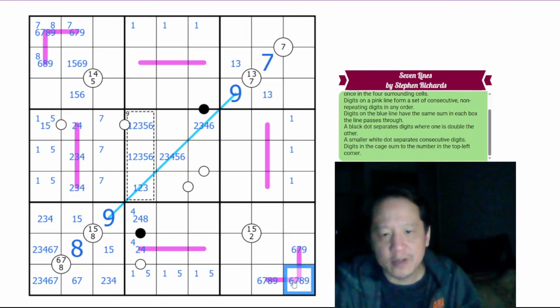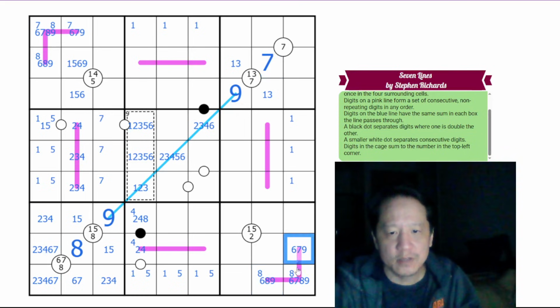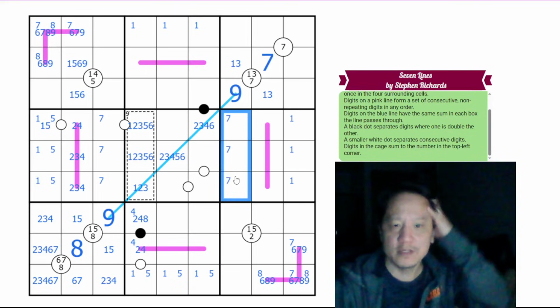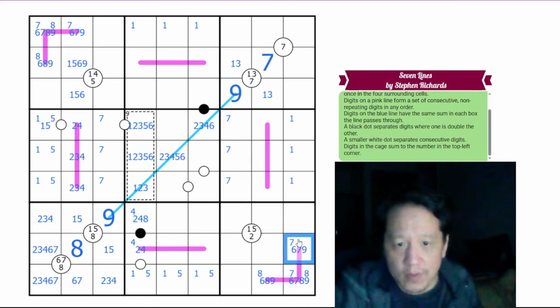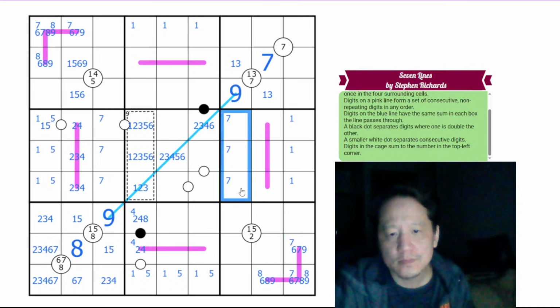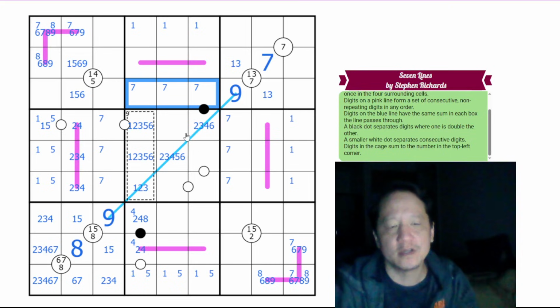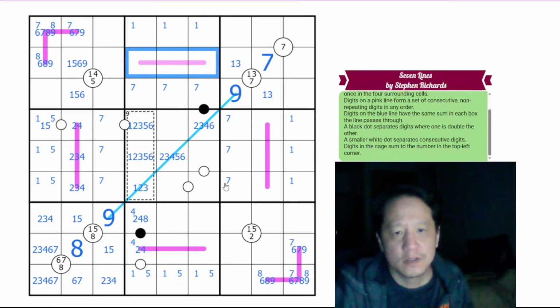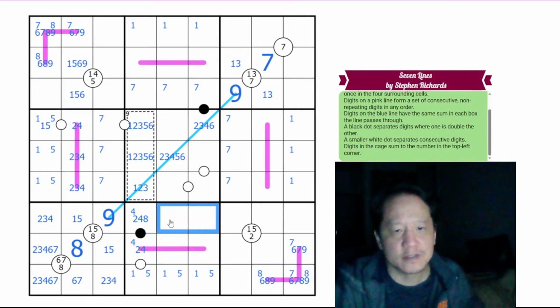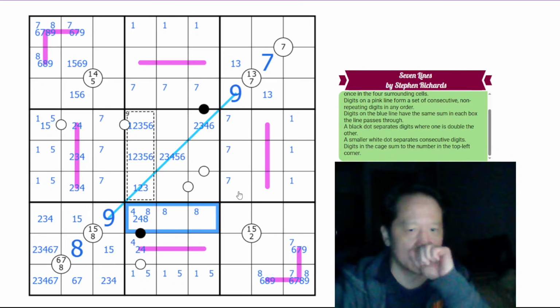And 8 cannot be here, so 8 has to be one of these 2 digits. 7 can't be here because of the 7 in the column, so 7 must be one of these 2 digits, which means 7 has to be one of these 3 digits here. So this can't be 7. This has to be 7 here. 8 is one of these 2, so 8 cannot be on this. 8 has to be one of these 3 digits there.